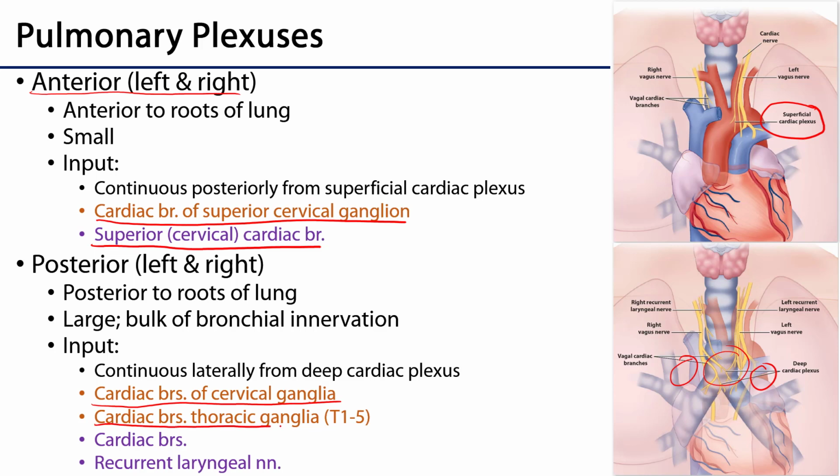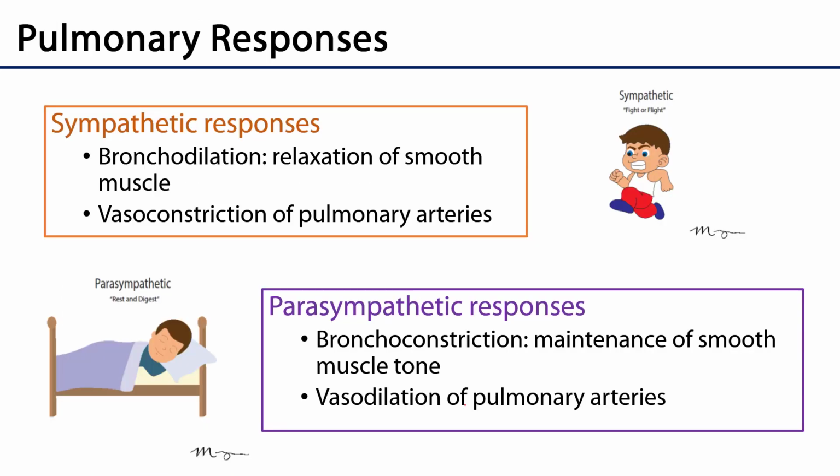Cardiac branches of thoracic ganglia T1 through T5, but for the pulmonary plexus, most of these fibers are T2 through T5 and sometimes a little bit of T6, as well as cardiac branches of the vagus nerves and branches from the recurrent laryngeal nerves. So pulmonary plexuses, minor are anterior left and right, major are posterior left and right, and they have many of the same inputs as the cardiac plexuses that we've already discussed.